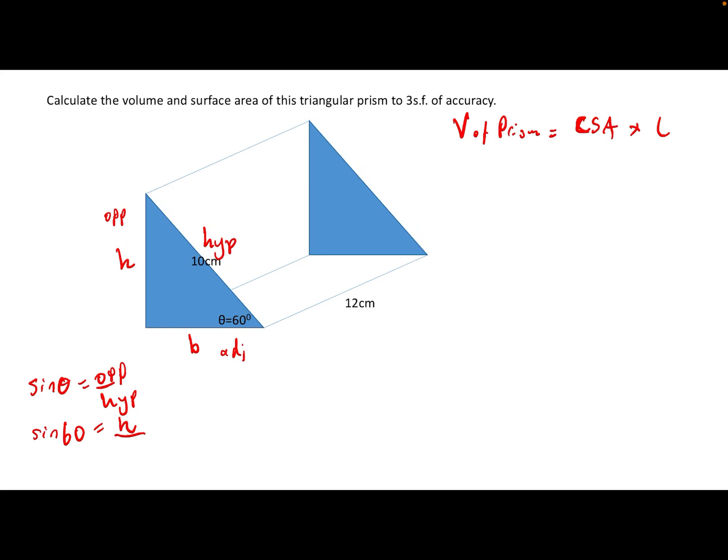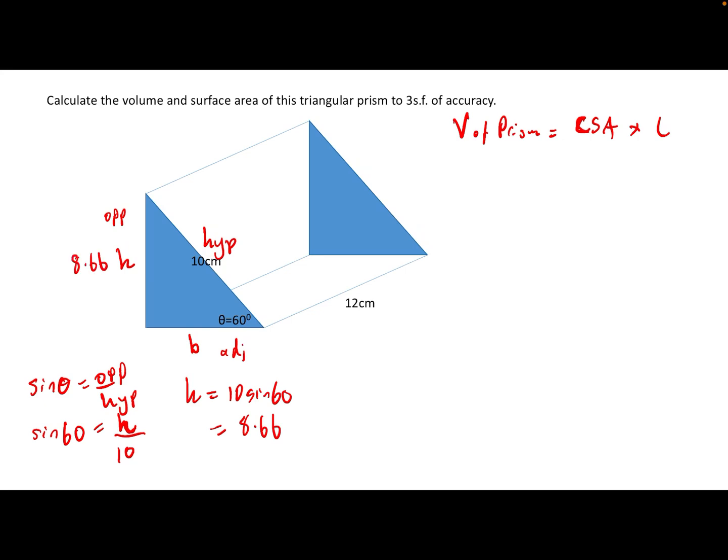Okay, so now h represents the height divided by the hypotenuse, which is 10. So h equals 10 sine 60. Let's put that in my calculator. 10 times sine 60 equals 8.66. Okay, so the height of my triangle is 8.66.